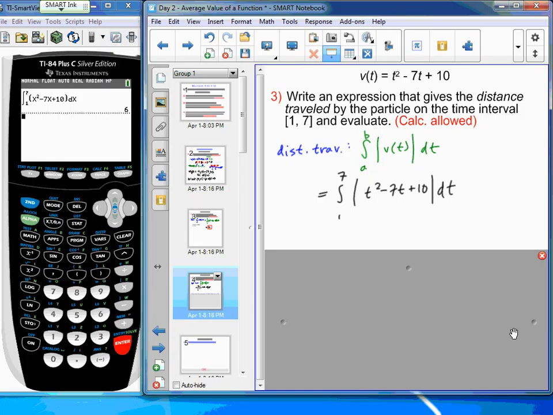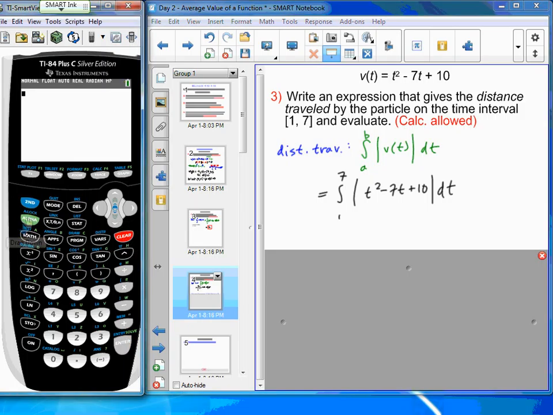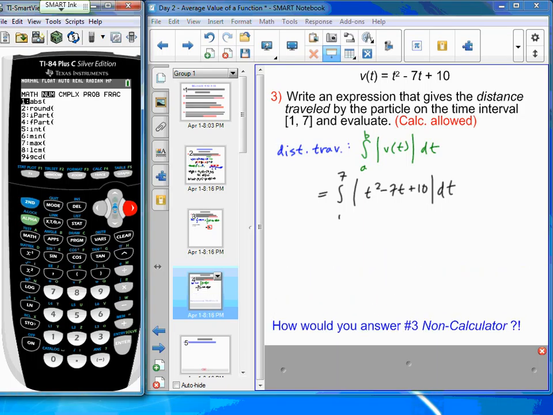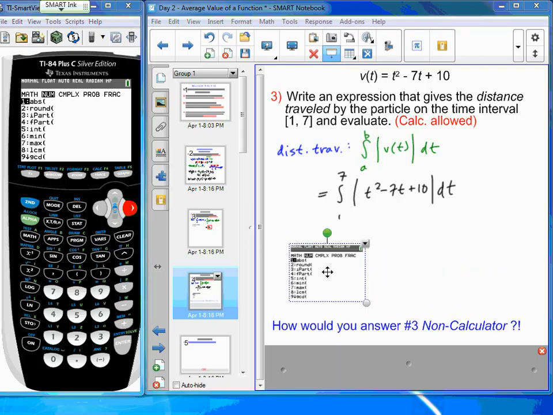So what's that? That's math 9 and 1 to 7 again. But this time I'm going to go math, num, abs for absolute value. So math, right arrow over to the number one, and then absolute value.